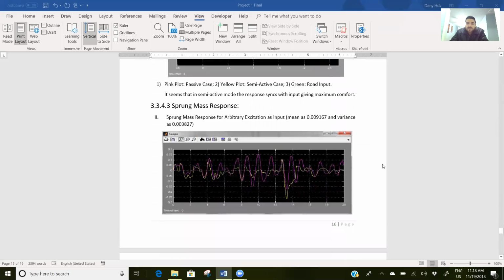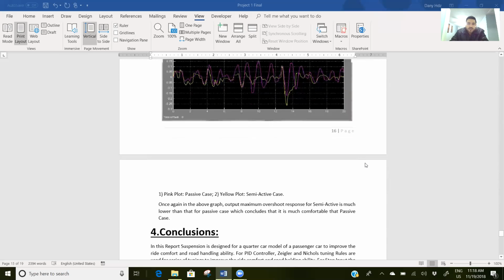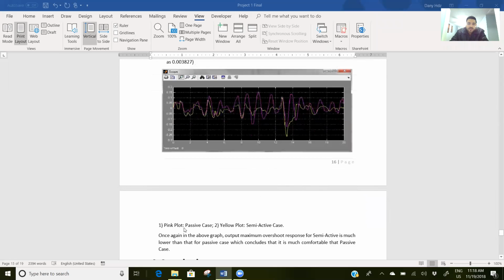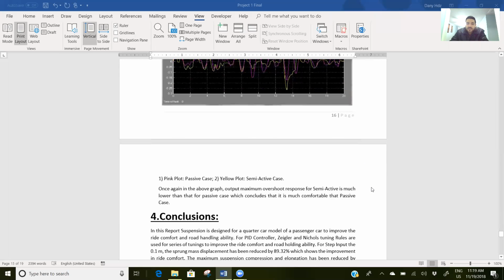We have the sprung mass response for an arbitrary excitation, where again the pink plot is the passive case and the yellow plot is the semi-active case. Once again, the maximum overshoot response for semi-active is much lower than the passive case, which concludes that it is much more comfortable than the passive case.